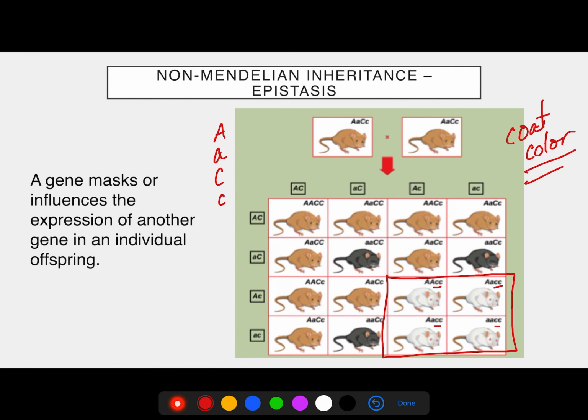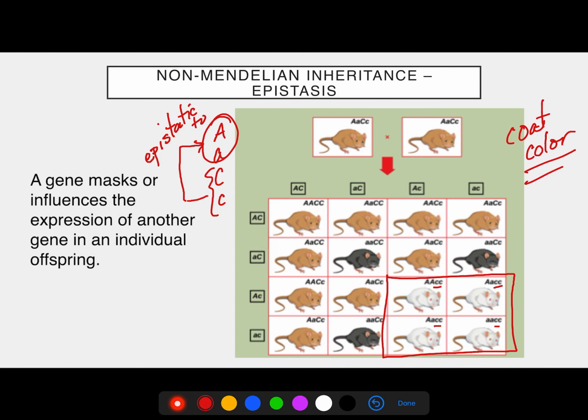All right. So the gene C is epistatic to A. And the A is the coat color. The capital A and lowercase a are what dictate you having a particular color. And how do you know which one is which?